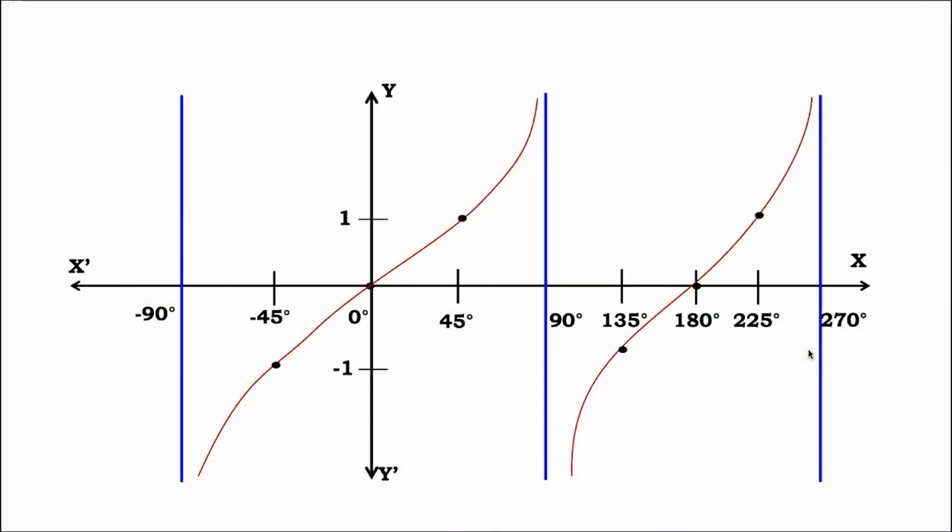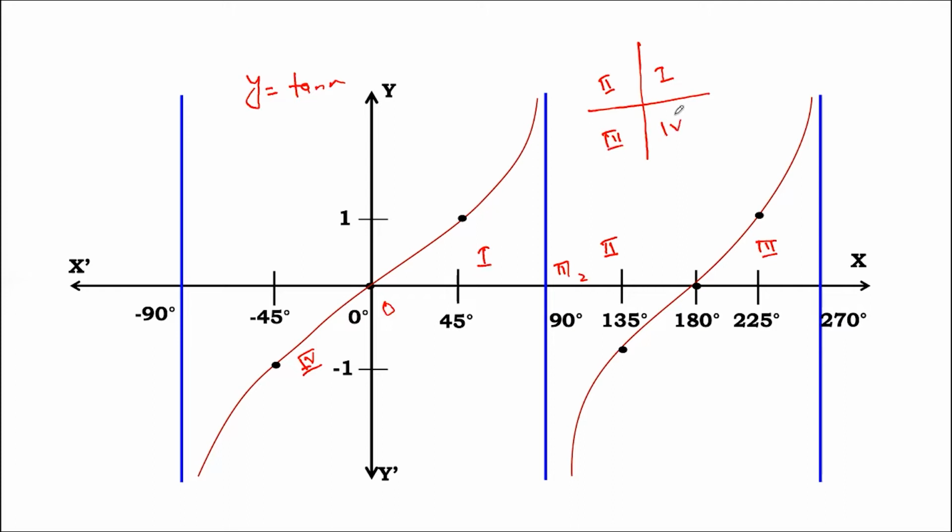Hello students, in the last lecture we have seen the graph of y is equal to tan x. We saw this graph between 0 to pi by 2, first quadrant positive, second quadrant negative, third quadrant positive, and the fourth quadrant negative.